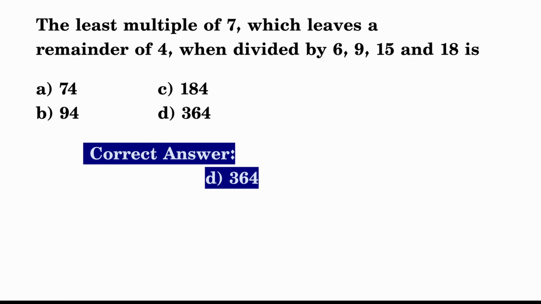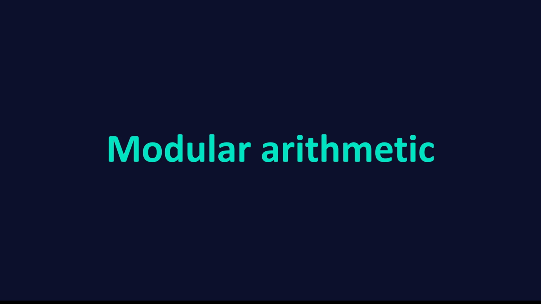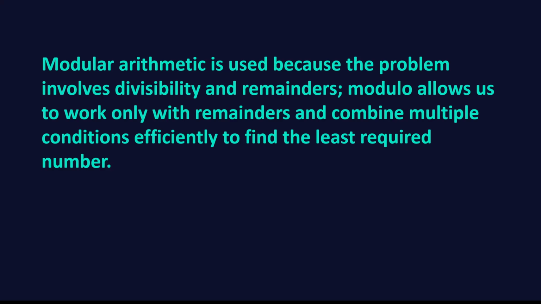When we try to solve this question, there's a different approach which is much faster and more accurate. So if there is a time constraint, we might want to consider using modular arithmetic, as this process solves problems involving divisibility and remainders. In our case, we are trying to divide as well to find the remainder.